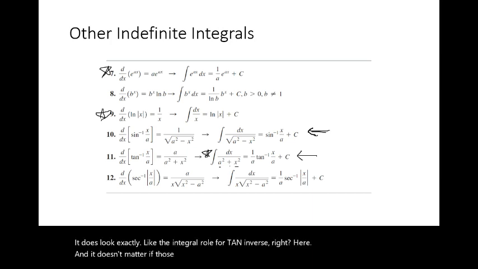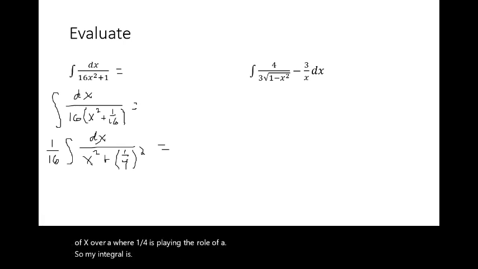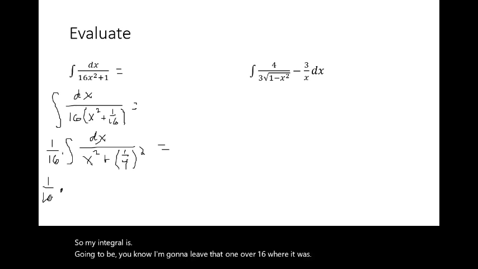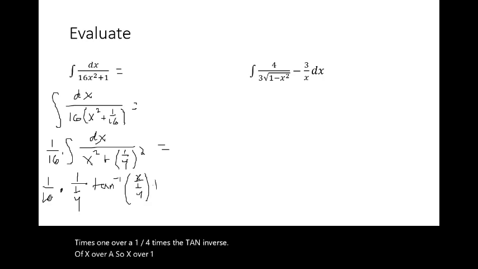So the integral is going to be 1 over a times tan inverse of x over a, where 1/4 is playing the role of a. I'm going to leave that 1 over 16 where it was, times 1 over a, 1/4, times the tan inverse of x over a, so x over 1/4, plus c.